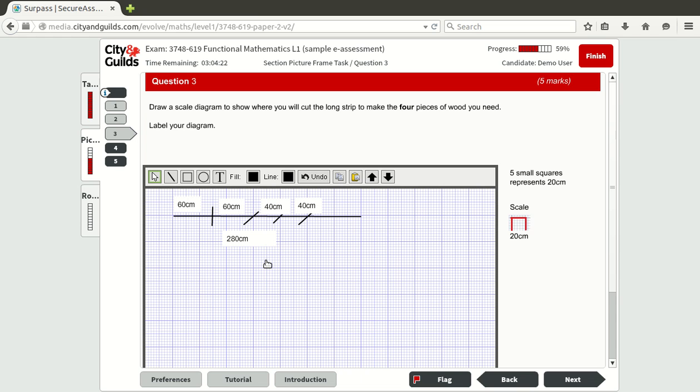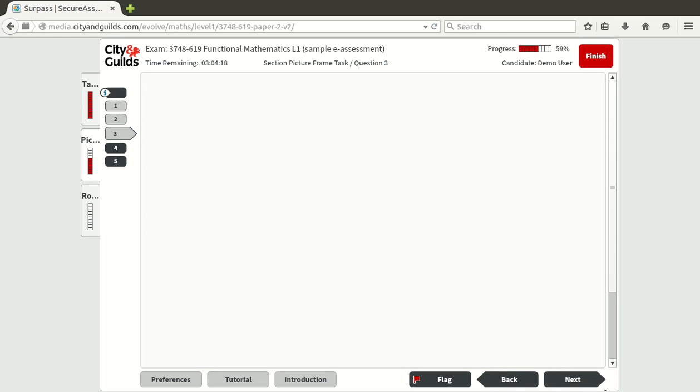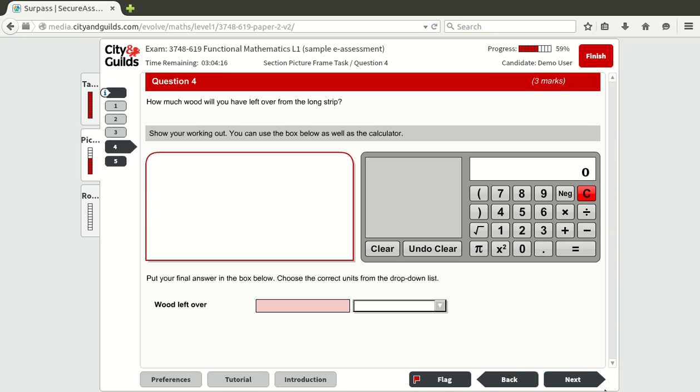Right, so now I'm going on to question 4. Question 4 asks, how much wood will you have left over from the long strip? So we know that we had a stick of 280 centimeters and we used 200. So we have 80 centimeters left.